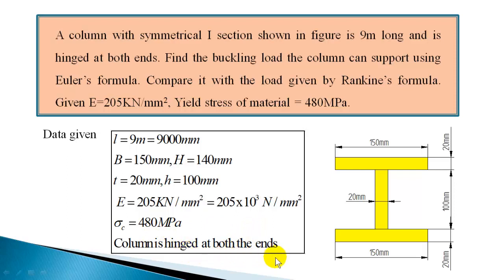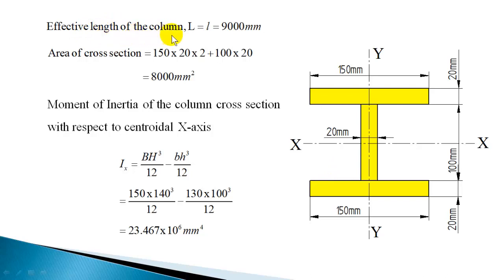The column is hinged at both ends, so the effective length can be taken as the length of the column itself. So let us work out. Effective length of the column L is equal to 9000 mm. Area of cross section. So this is the column cross section, in the form of an I section. So you can calculate the total area.